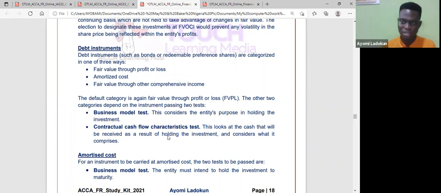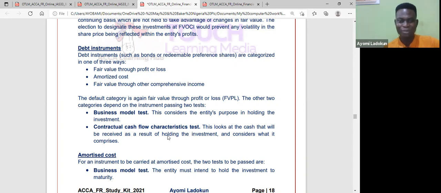But if I invested in debt instruments, for example, bonds, redeemable preference shares, and the likes, I can measure it in three ways: either fair value through profit or loss, or amortized cost, or fair value through other comprehensive income. So they have debt instruments.